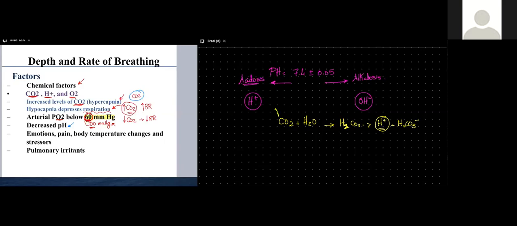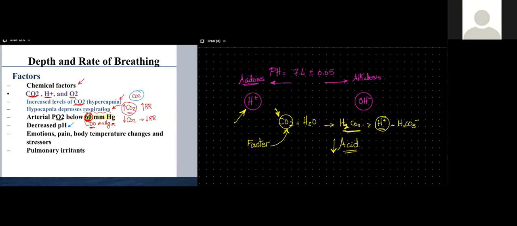Carbon dioxide, if you remember, when it's soluble in my blood, it's gonna be carbonic acid. It's gonna be an acid. So having too much acids in my blood stimulates me to breathe faster. And as I breathe faster, I would be getting rid of this carbon dioxide. This will reduce the amount of acids in my blood.